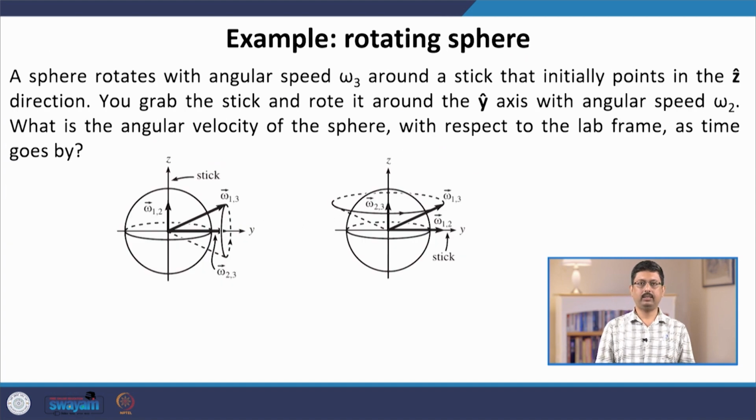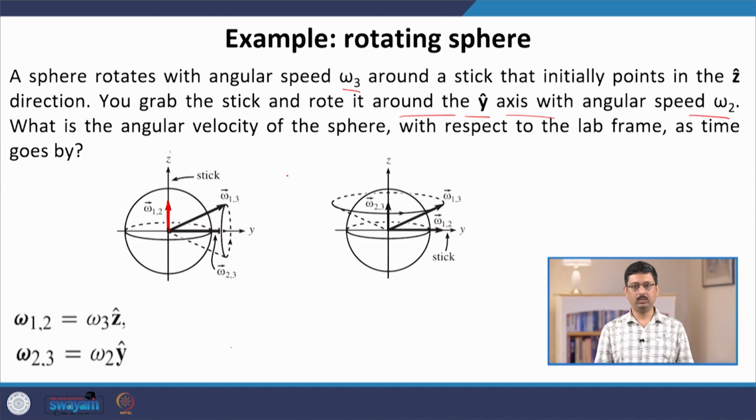So, let us try to take an example to understand this. Here is a sphere which rotates. There is a sphere, and there is a stick which is initially pointing in the z direction as shown in the left figure, and this sphere is rotating about this particular stick with an angular speed w3.